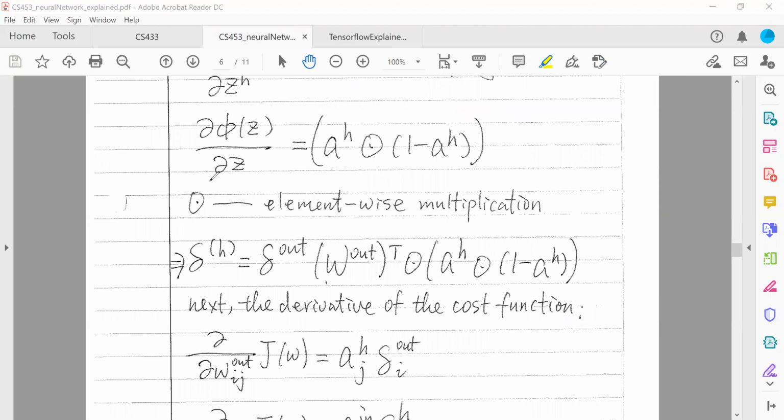If you recall yesterday's discussion, the derivative of the activation function with respect to the net input is just the activation output times, element-wise, 1 minus the hidden layer's activation output. So this we also know.